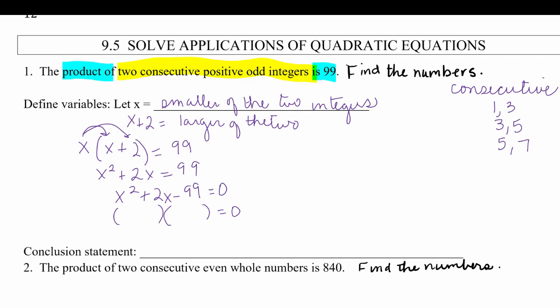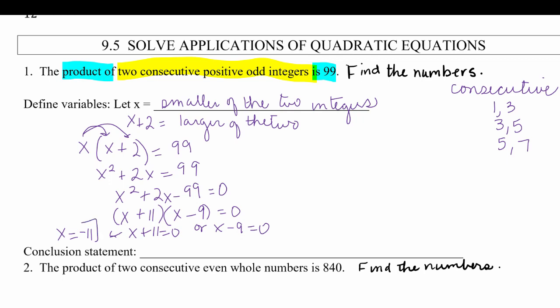Two numbers that multiply to negative 99 and add up to 2 would be x plus 11 and x minus 9. Okay, and now we're going to use our zero factor property and set these to 0 and solve for x, right? So x plus 11 equals 0, or x minus 9 equals 0. And here we get x equals negative 11.